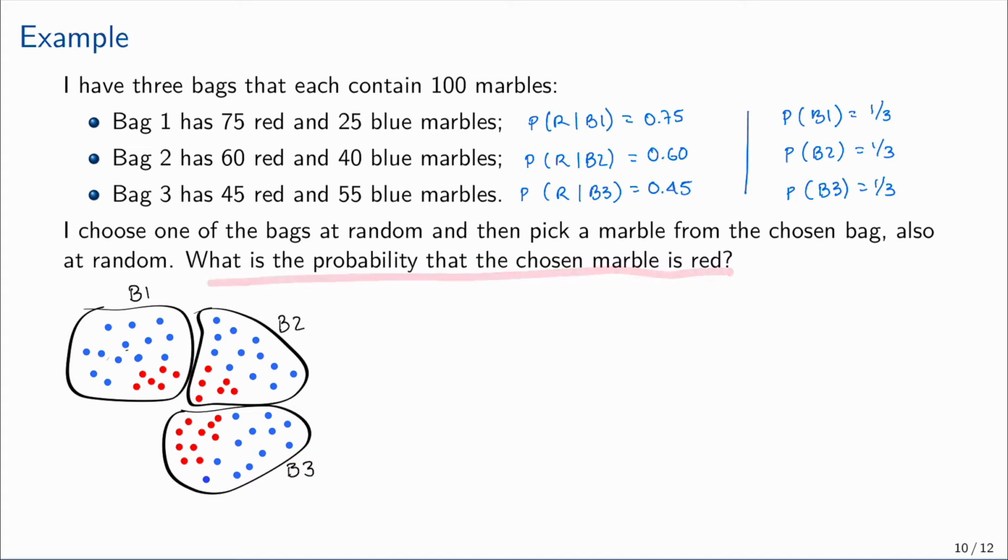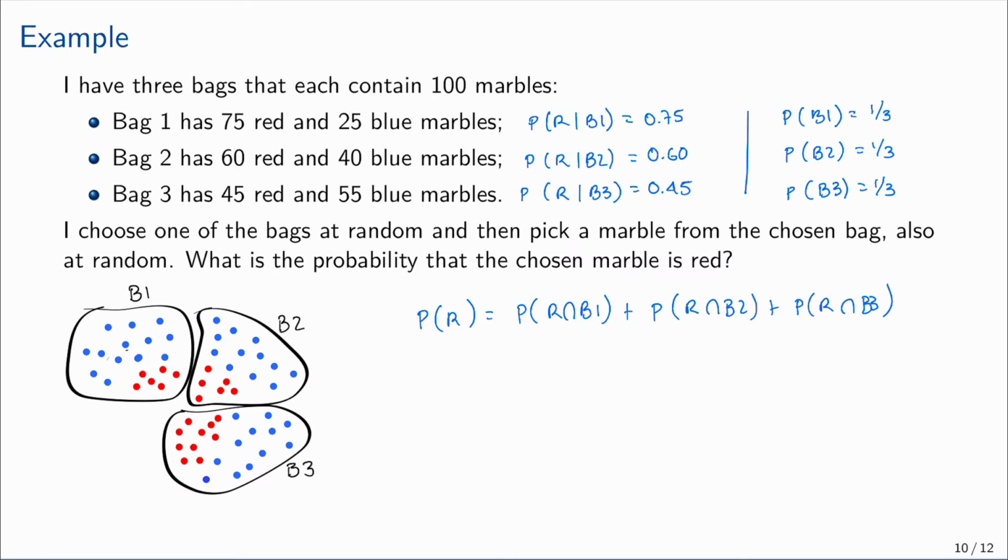Now by the law of total probability, we have that the probability of selecting red is equal to the probability of selecting red intersection with bag 1, plus the probability of selecting red intersection with bag 2, plus the probability of selecting red intersection with bag 3.